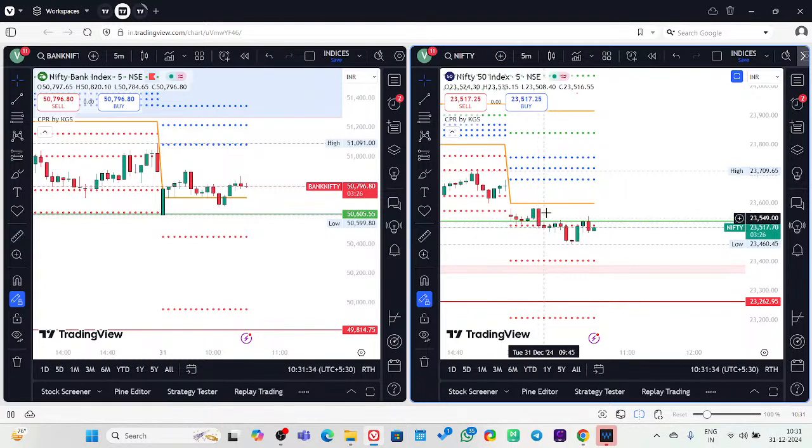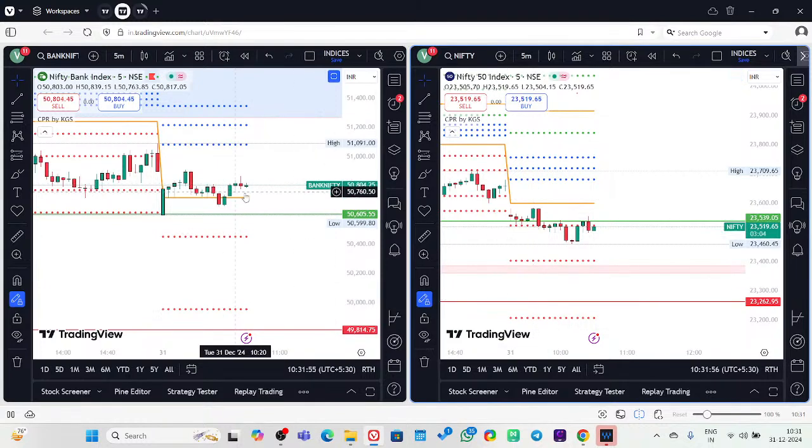Price closed below the previous day low. This is the previous day low and the S1. So usually the price goes till here. I want to take confirmation in both Nifty and Bank Nifty.